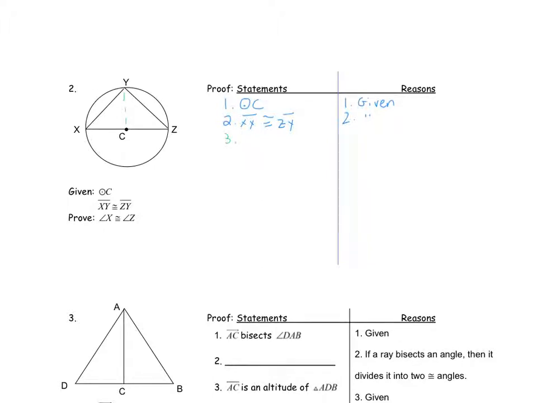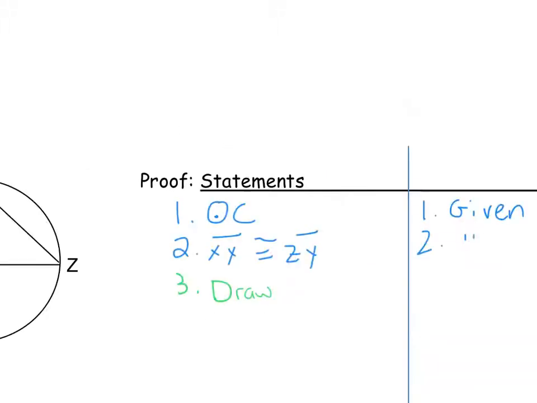So in my next statement, I'm going to state draw segment YC, and for the reason, we're going to put two points determine a line. That's a postulate that we're not going to prove. We're just going to assume it to be true. Now I'm going to look back at my picture.